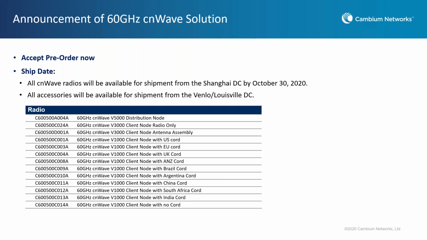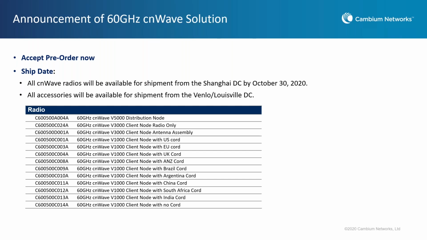So these are the part numbers. If you're familiar with Cambium products, sometimes there is an FCC model, an SC model, a rest of the world model. For 60 gigahertz, it's just one model. So you have one model for V5000. For V3000 it is two pieces, one is the antenna, one is the radio.